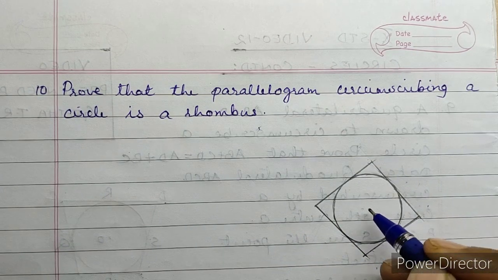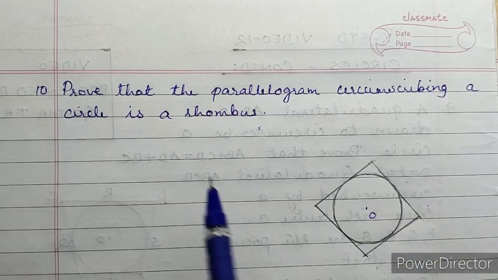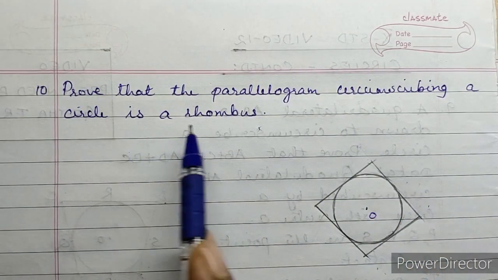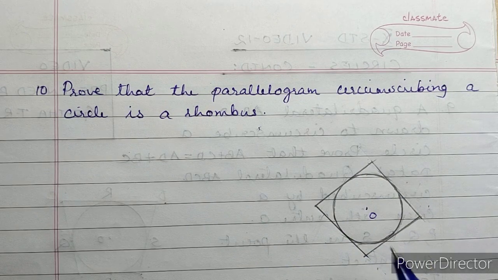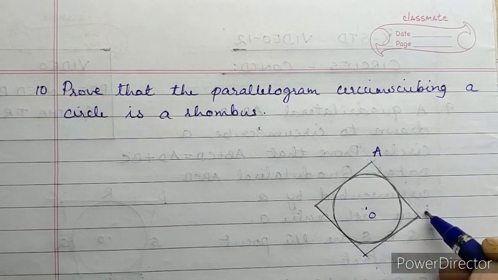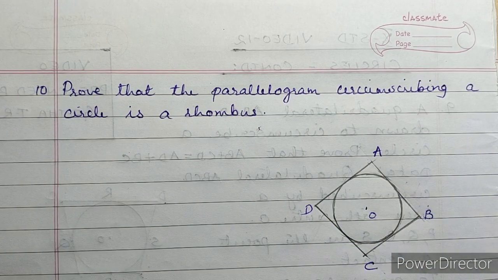Circle with center O, and prove that a parallelogram circumscribing the circle is a rhombus. So you can mark the rhombus with any alphabet. I am marking it as A, B, C, D. So rhombus ABCD, and the circle is circumscribed by the rhombus.